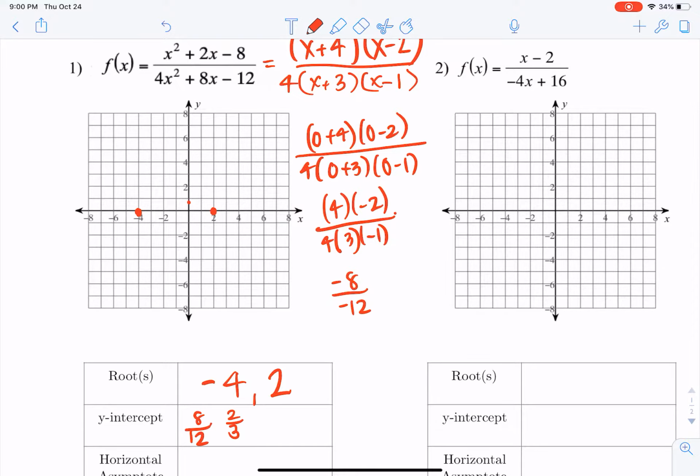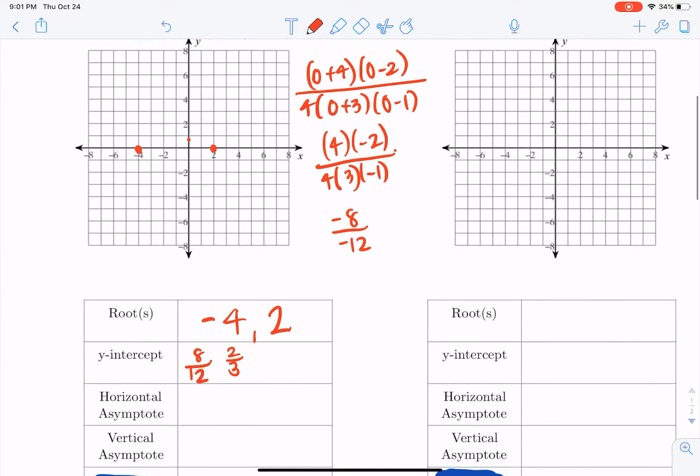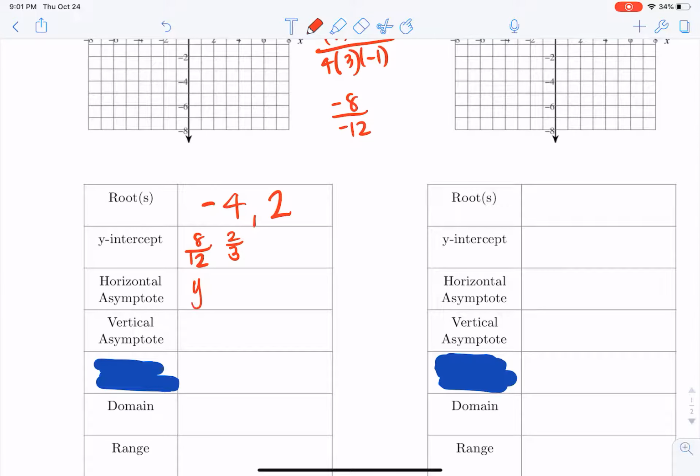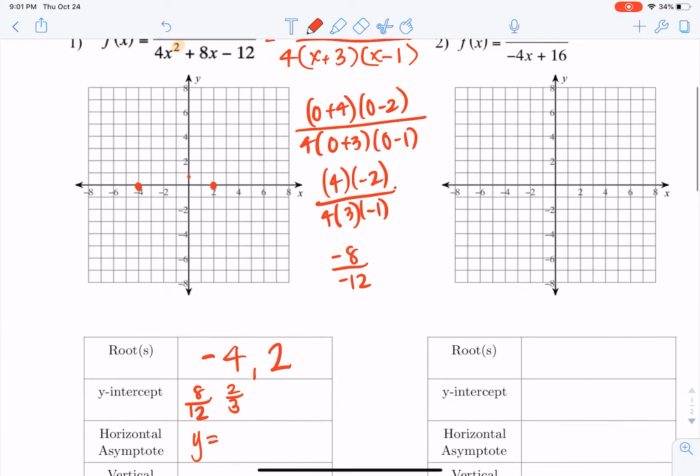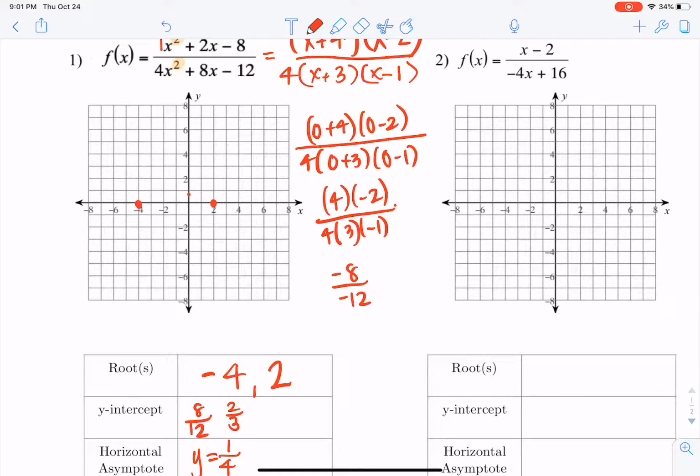Now I can find my horizontal asymptote. Looking at the degree of my numerator and the degree of my denominator, they are equal. So I need to divide the lead coefficients. For my horizontal asymptote, y is equal to 1/4.